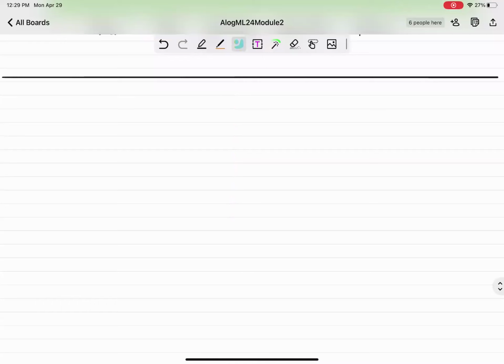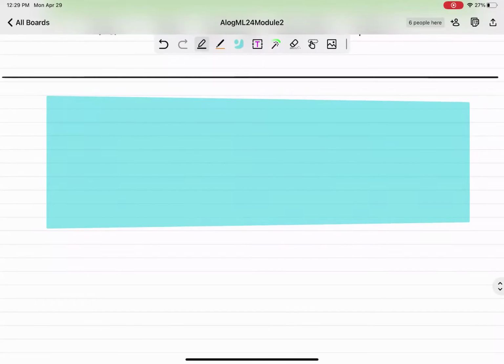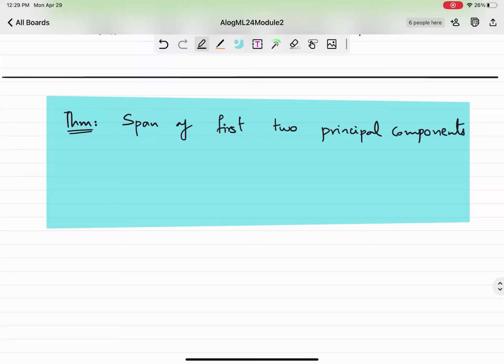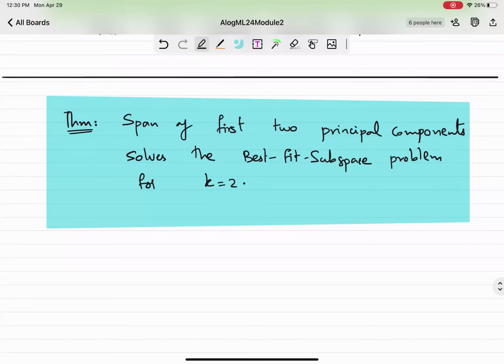Okay, so the span of the first 2 principal components solves the best fit subspace problem for k equals 2. Okay, so that's what we want to show.